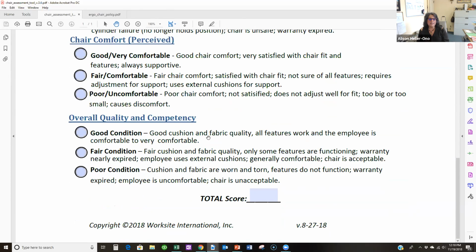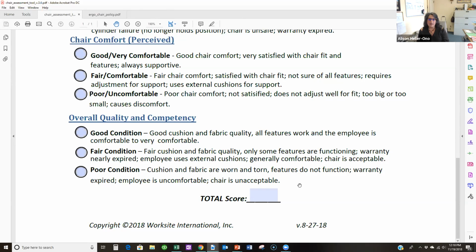And so this kind of summarizes each of the above factors: good cushion, fabric quality, all features work and the employee is comfortable. Fair cushion and fabric quality, only some features are functioning, the warranty is nearly expired, employee uses external cushions, generally comfortable, chair is acceptable. Or poor, the chair and fabric are worn and torn, features don't work, warranty expired, employee uncomfortable, chair is unacceptable.